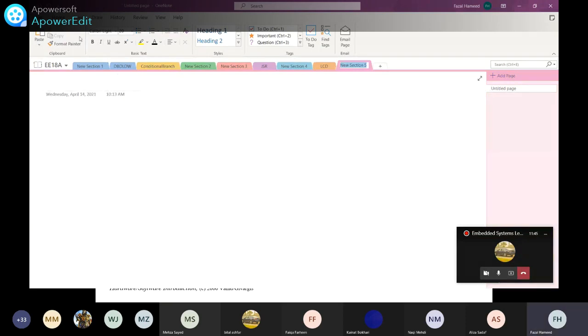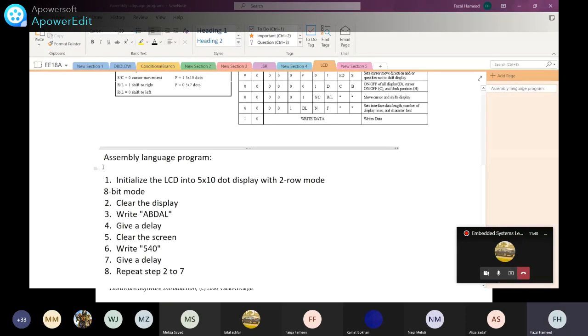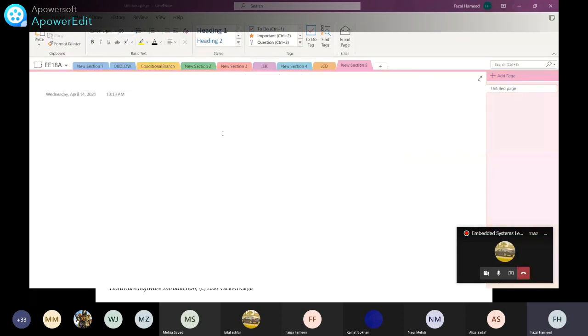So now we would like to ask, what is the difference between a single purpose processor and a general purpose processor?